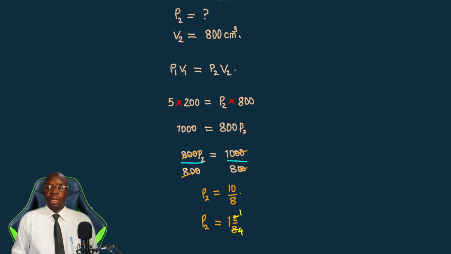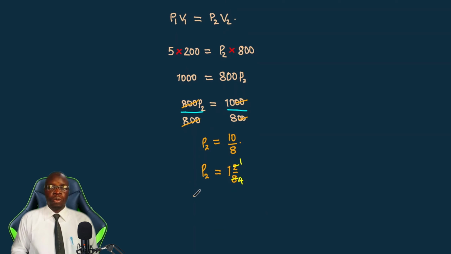So simply our pressure 2 would be 1 whole number and 1/4, and that is atmosphere. So this becomes our solution for question number 2.